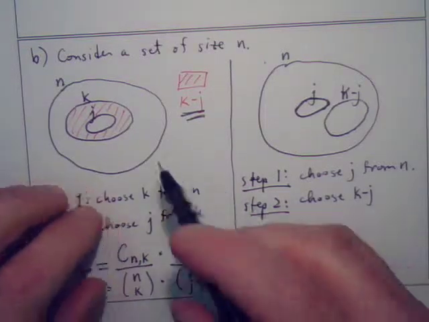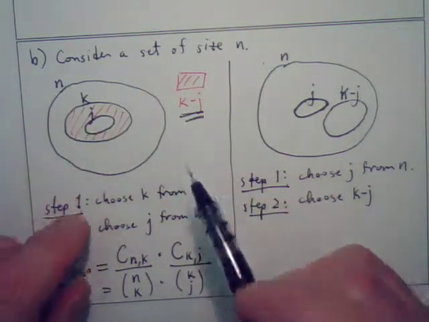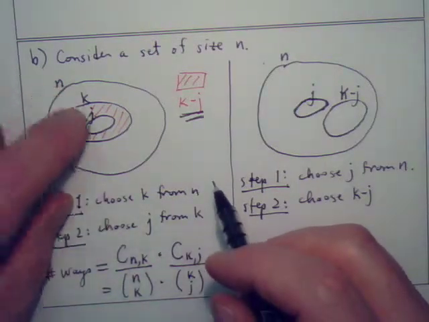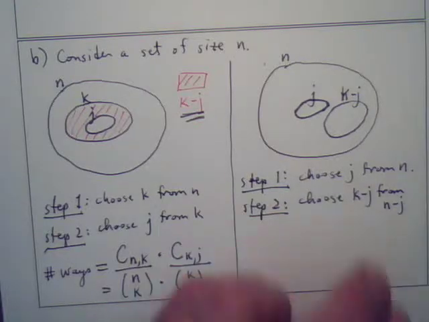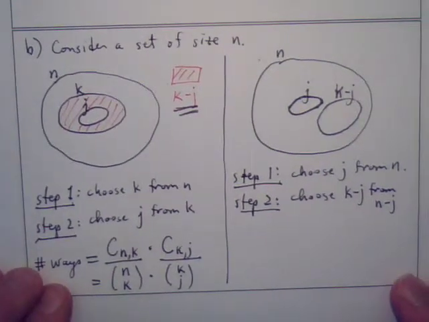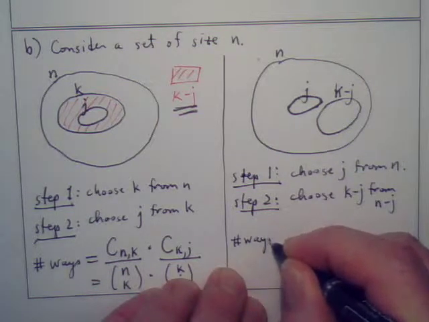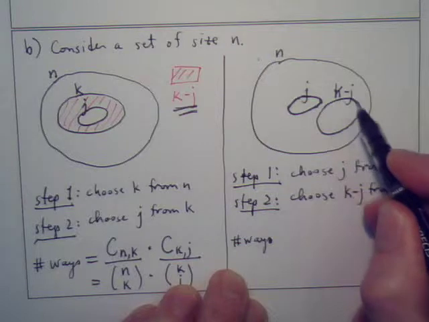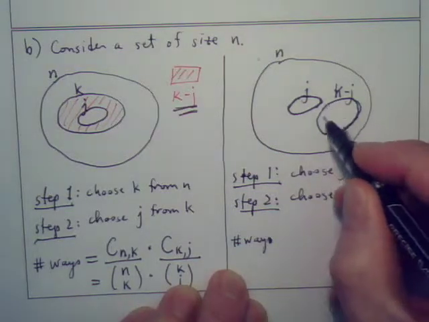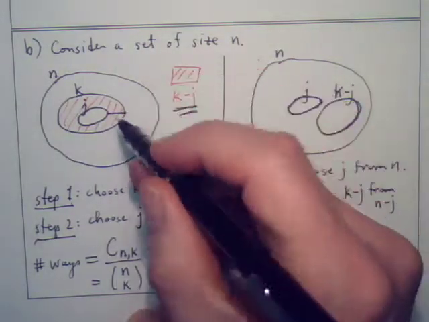Well, the number that's left for me to choose from, I'm not allowed to choose any of the j elements. So the number that I'm choosing from is n minus j. And you can think of taking this little blob that I chose in step 2 and just wrapping it around the j like that.